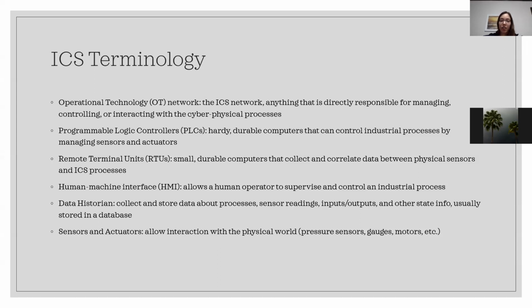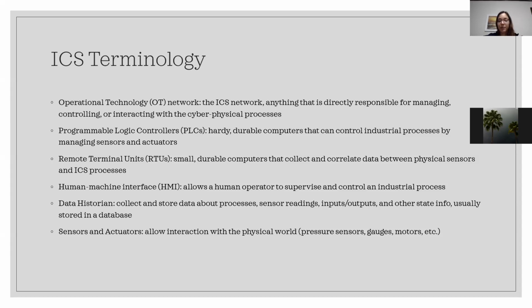A data historian collects and stores data about processes, sensor readings, input outputs, and it usually just stores it in a database. And then sensors and actuators. Those are basically what interact with the physical world.